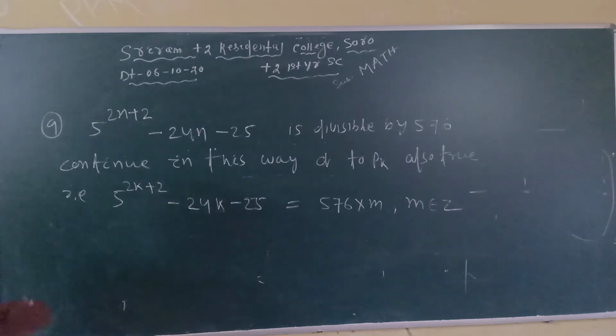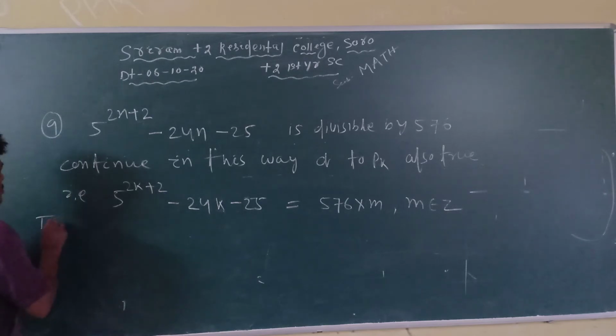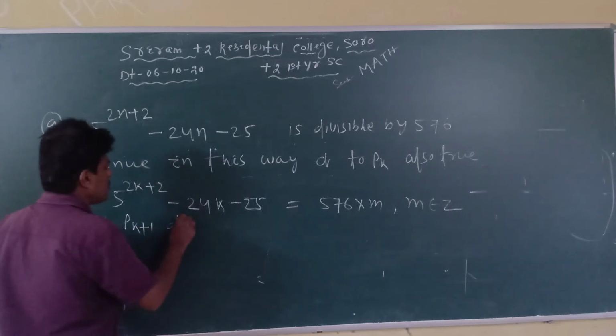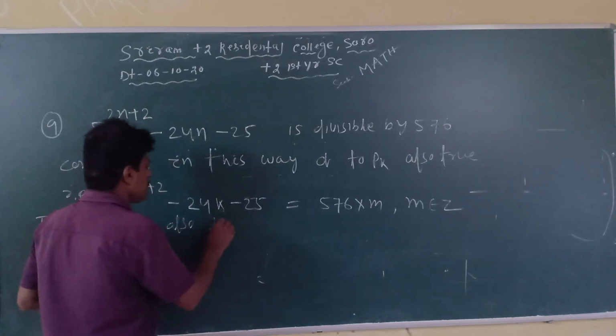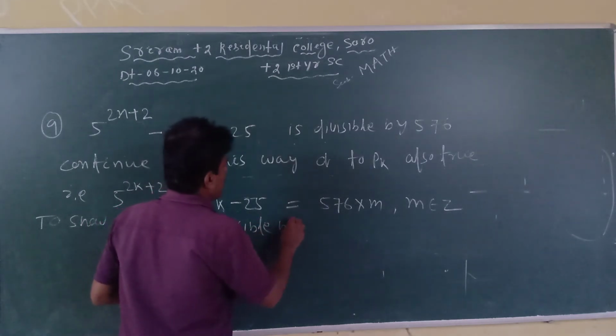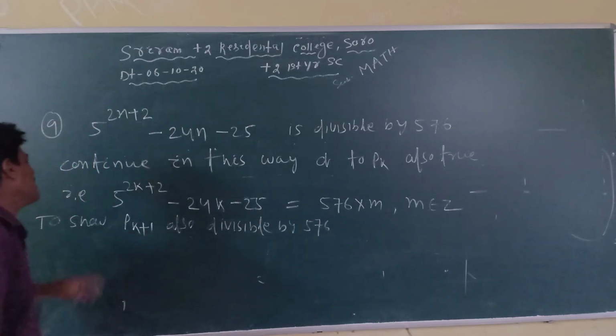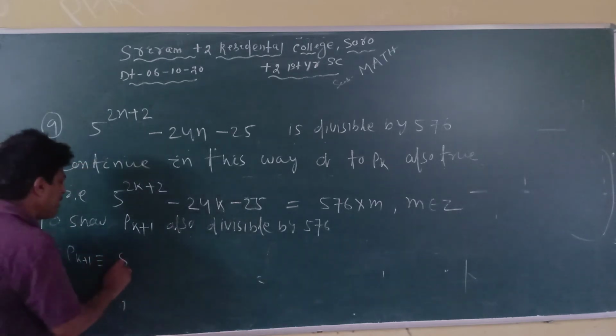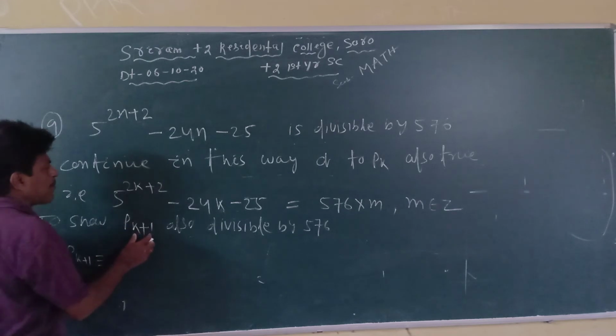Now to show Pk plus 1 is also divisible by 576. So Pk plus 1 is equal to 5 to the power, instead of n you put k plus 1.